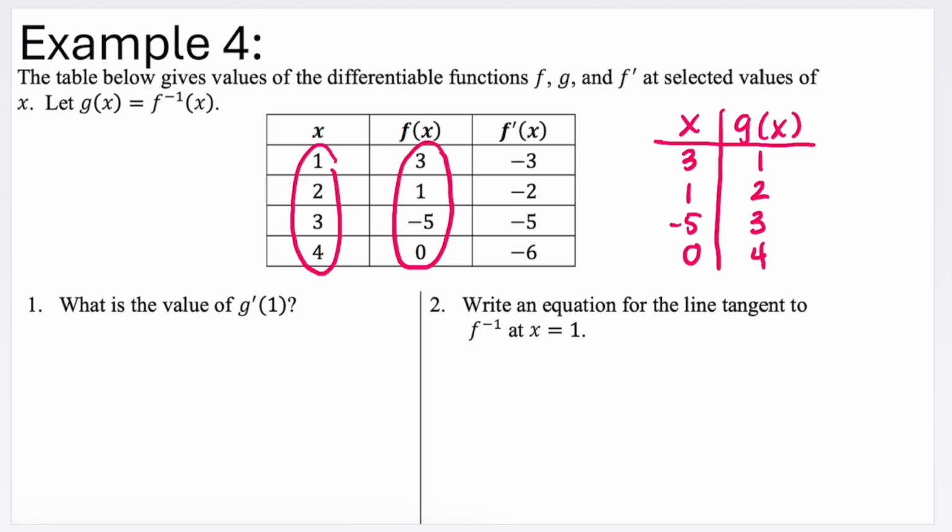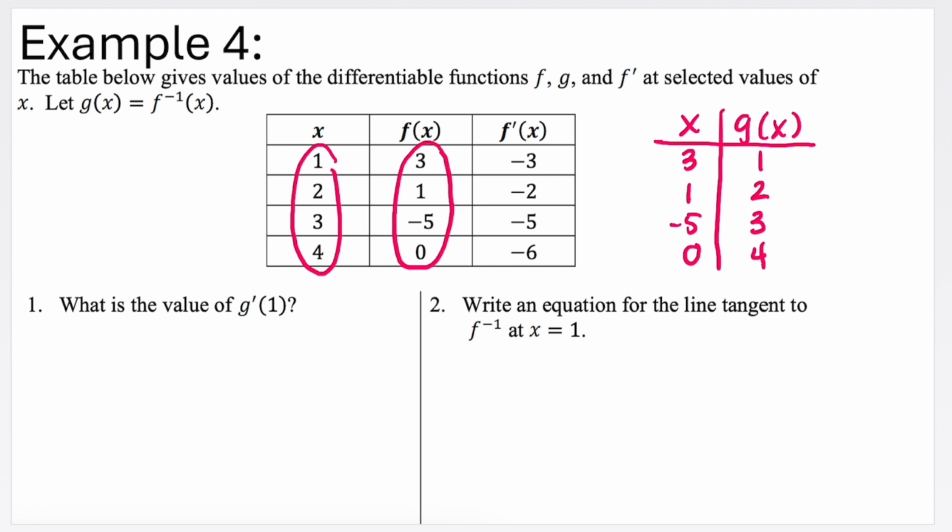To figure that out, I'm going to write down the formula from the previous page, and make it look a little different to fit the notation of this example.